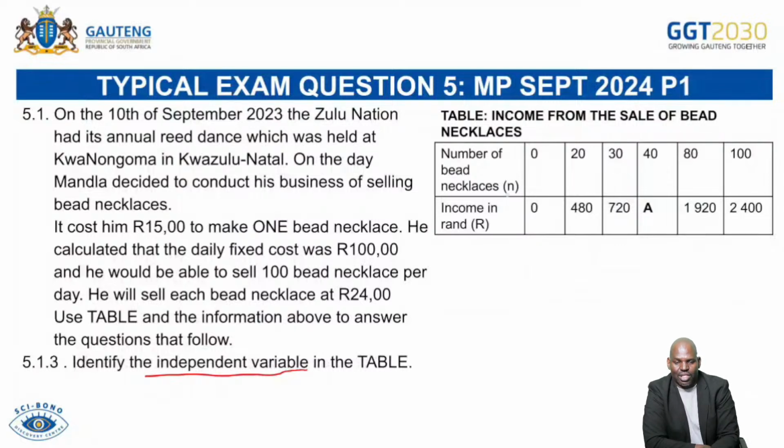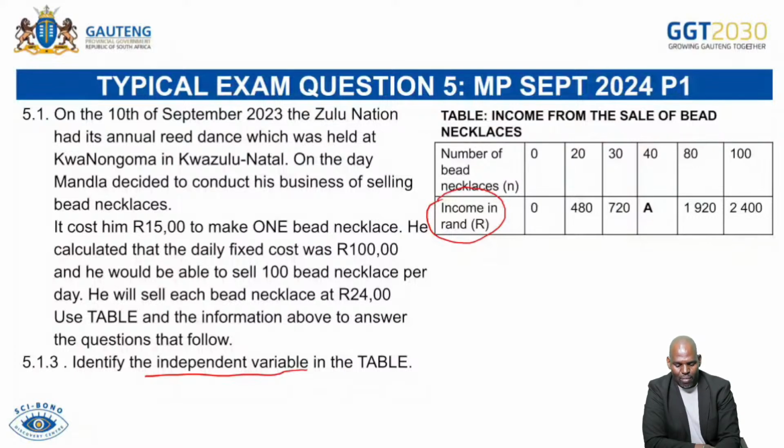In this case, think about this. There's no way that we can calculate an income if we don't know the number of necklaces. We need to know the number of necklaces in order to calculate an income. So therefore, income is dependent because it depends on the number of necklaces.